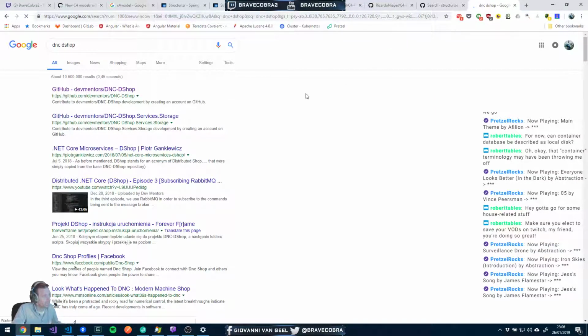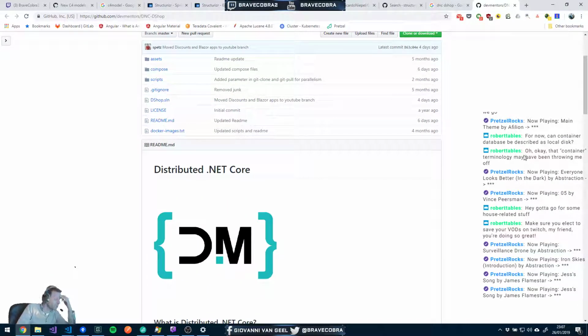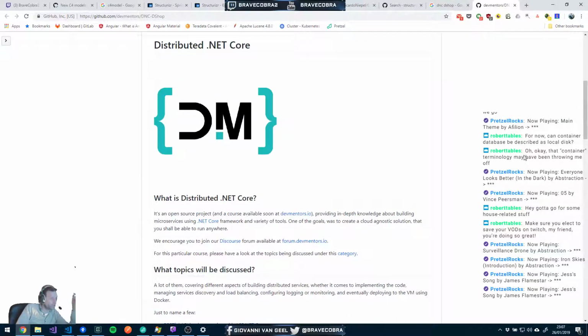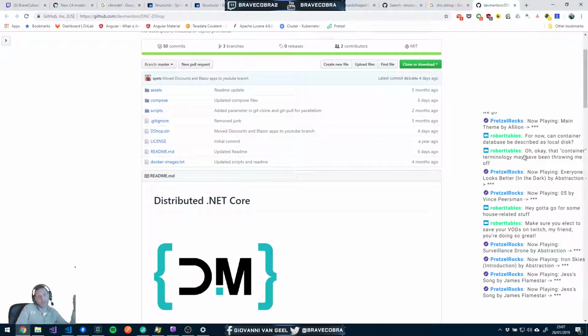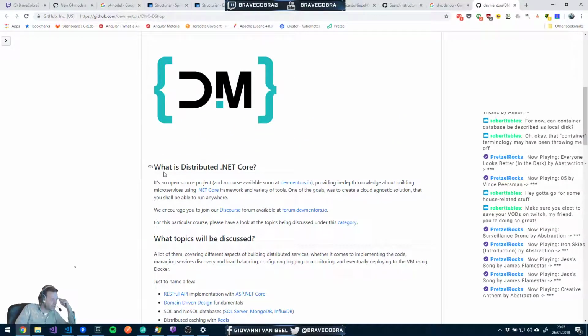Dev Mentors. And Dev Mentors, they have a couple of YouTube videos, but they also have a couple of repositories on GitHub, where they are doing distributed .NET Core, which is basically how would you now, with the latest .NET Core technology, do distributed systems, and more specifically microservices.